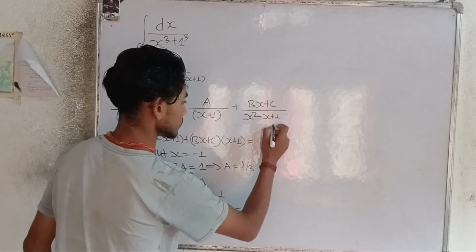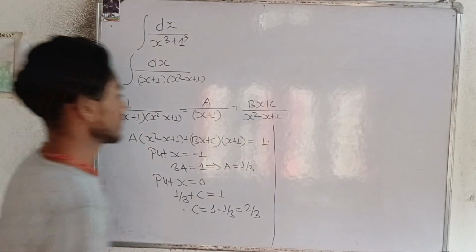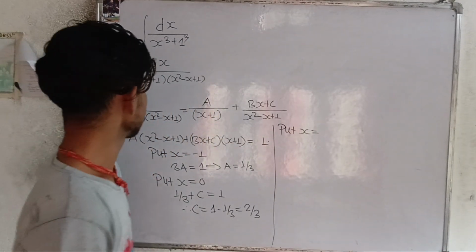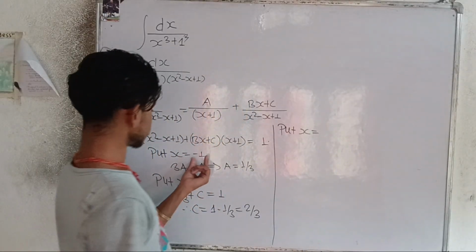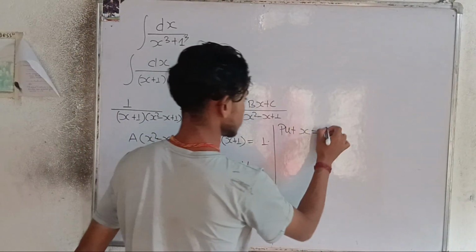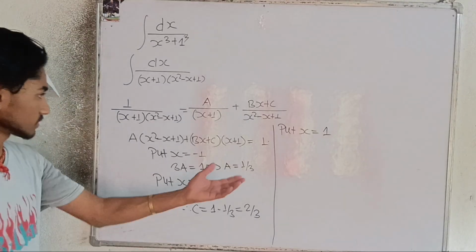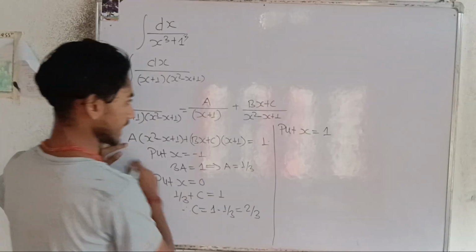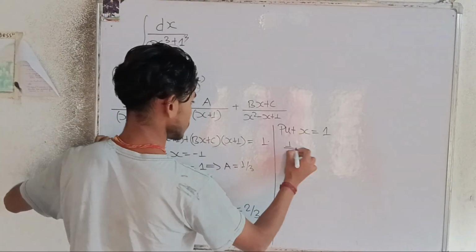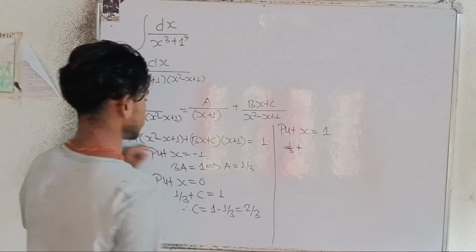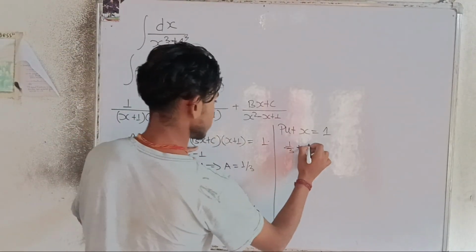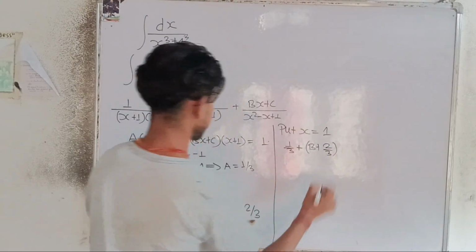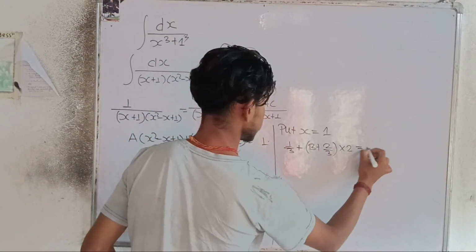And lastly we have to substitute, put x equals what? We have substituted negative 1 and 0, now let us substitute 1. So if you substitute x as 1, we get 1 minus 1 is 0, and we got a means 1 over 3 plus b plus c, we have 2 over 3, and we have multiplied by 2, we get 1.